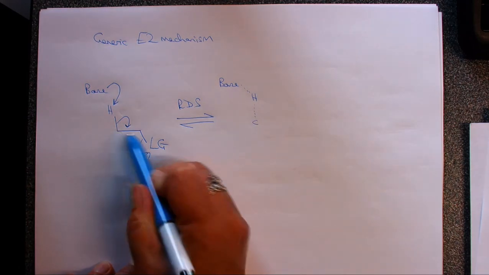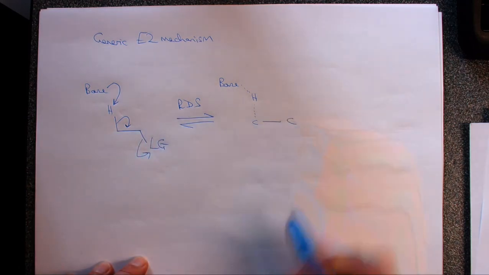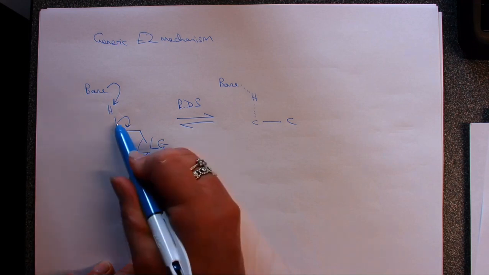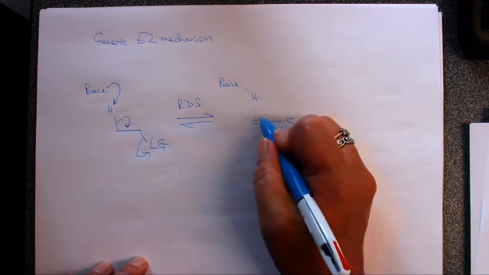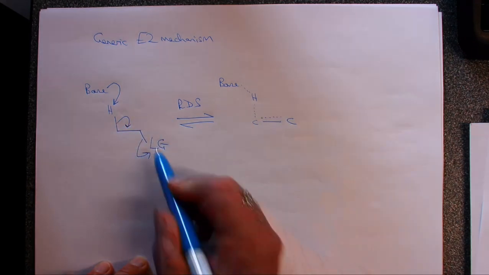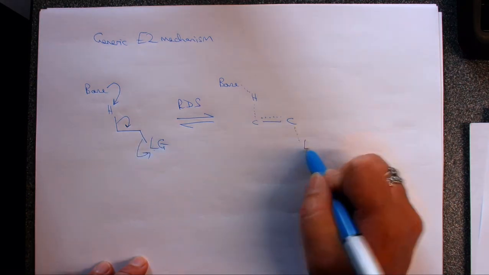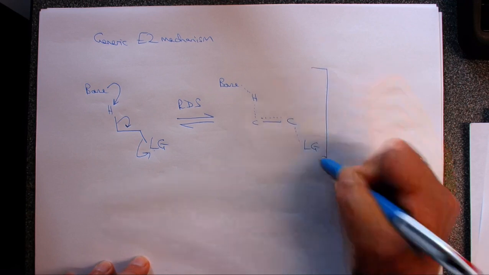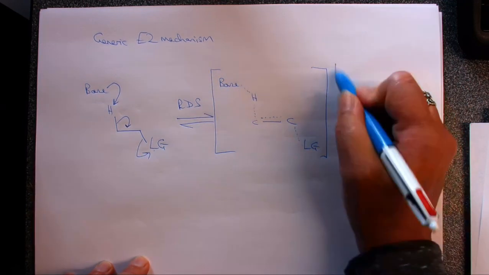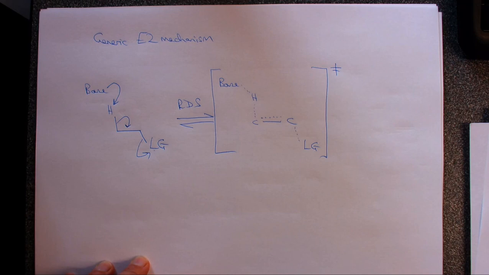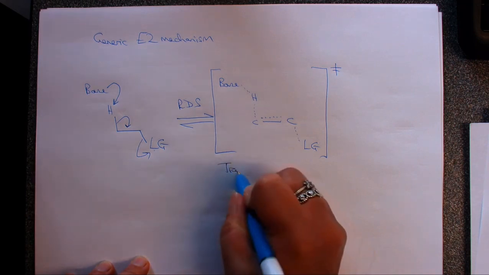We've still got this bond, but we've also got another bond partially forming because of those electrons feeding in. And then we've got a partial loss of a bond where the leaving group is departing. So this will give us the transition state, so that's the same as for an SN2 reaction. As for the E2 reaction, we go through a transition state.